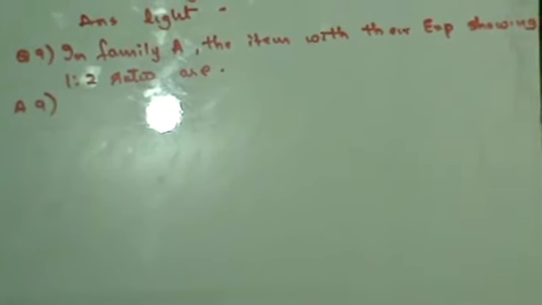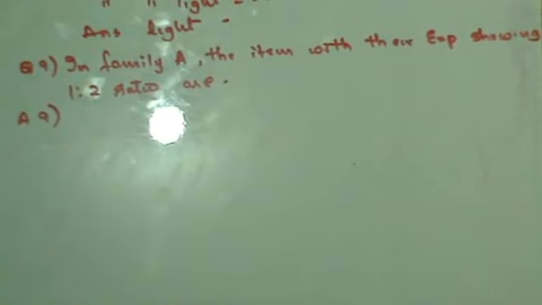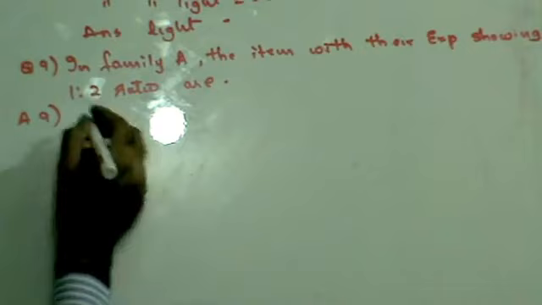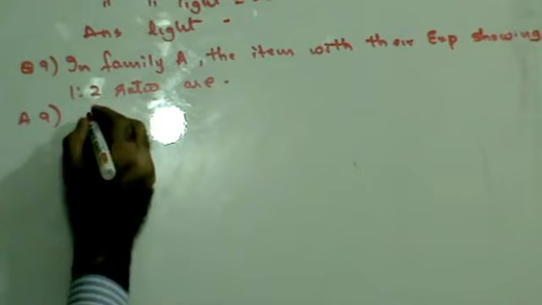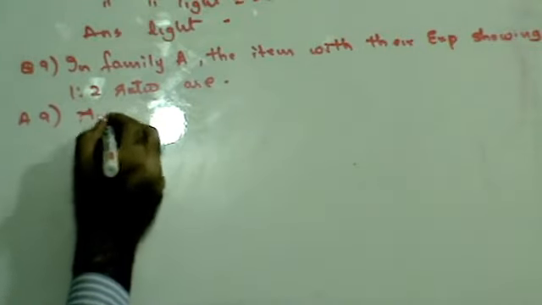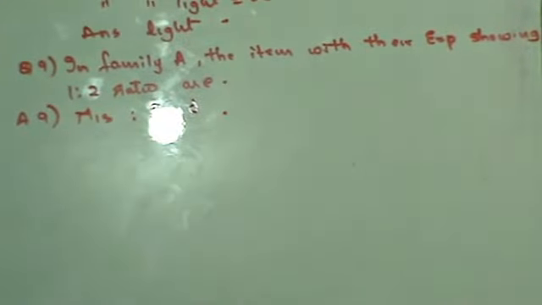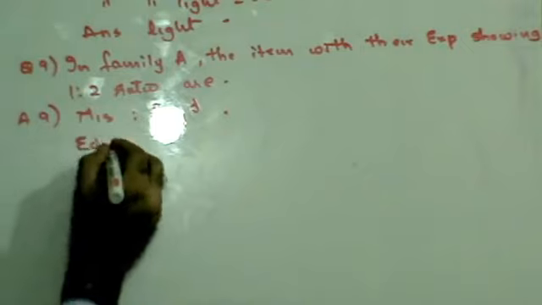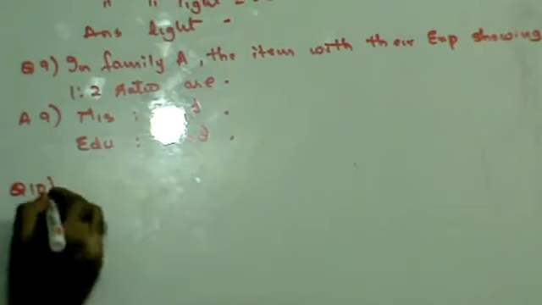Food is 1280. Half of 1280 will be 640, right? So I can say food and education, and you can also say food and miscellaneous. Miscellaneous is to food is 1:2, and education is to food is also 1:2. So these are the two expenses that are showing a ratio of 1:2 in family A, right? Next, let's see another question, guys.